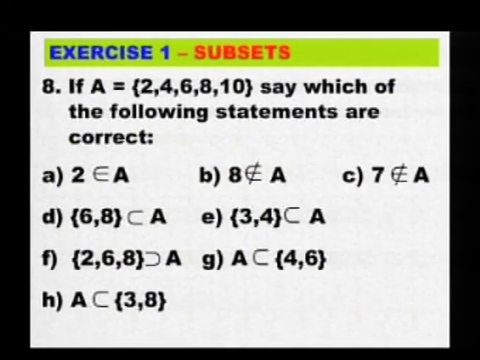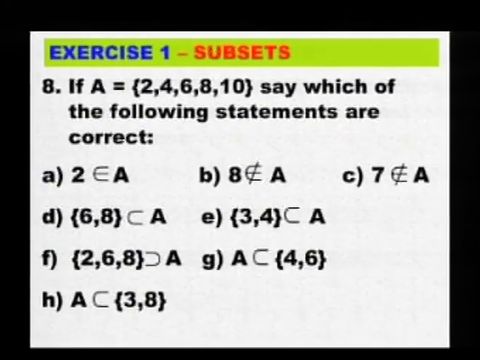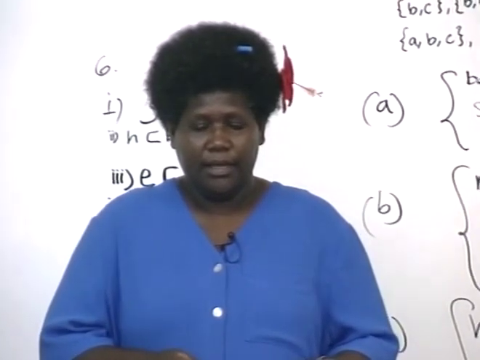Okay, the one on the screen, 7 is not a member of A, is correct because 7 is not in the set.